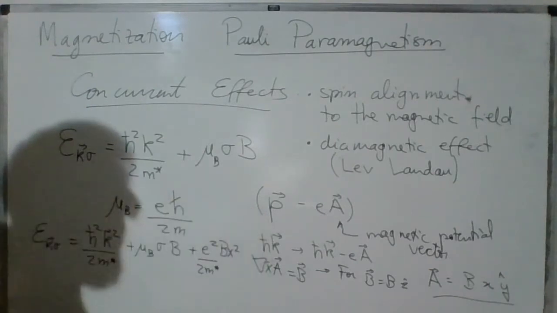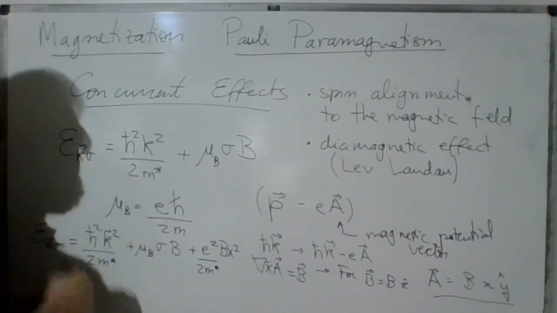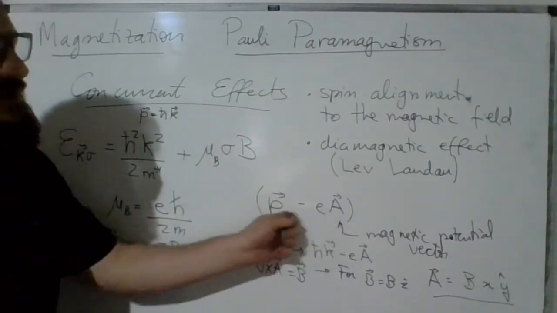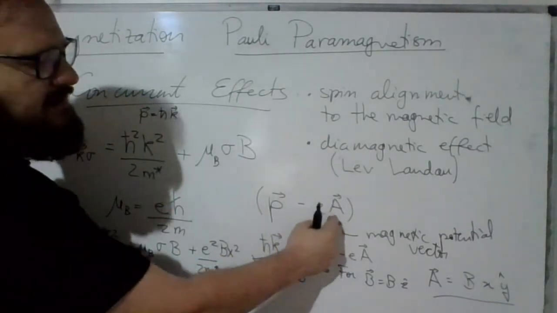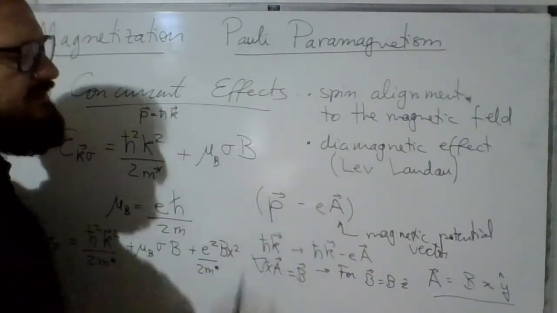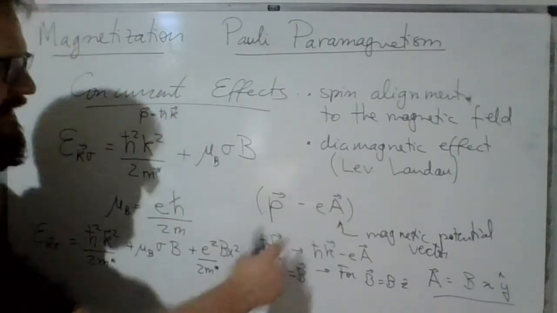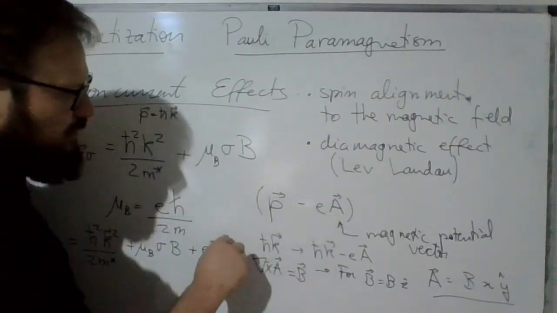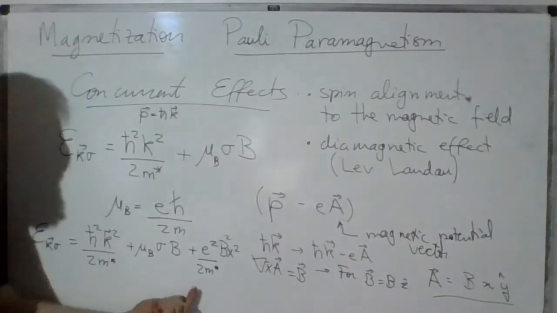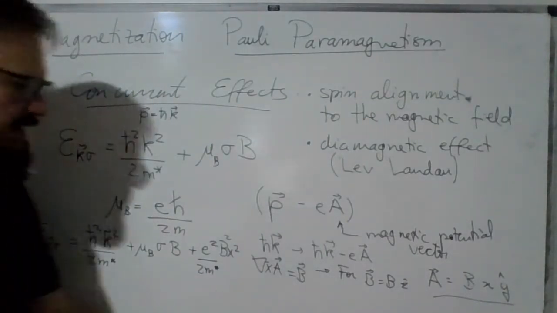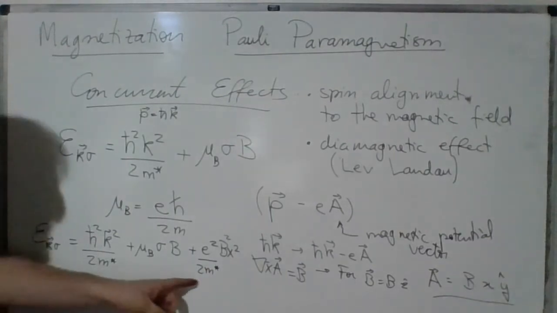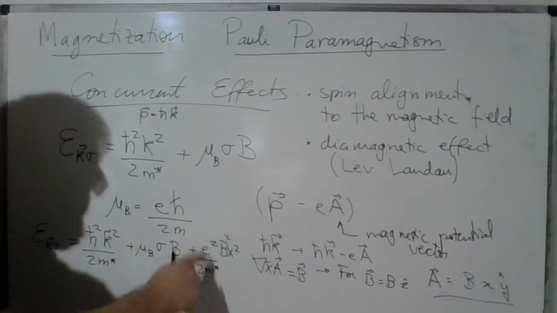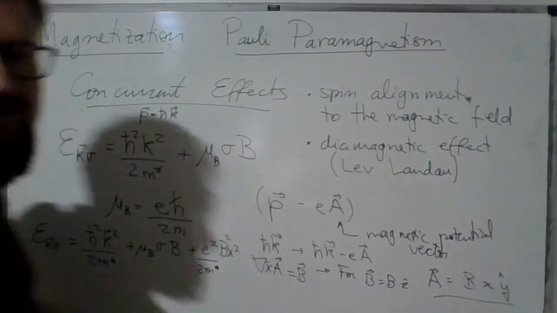If you square the momentum, if you replace this h bar k by that factor here, you will find a square of e times A, which produces e squared, the B will be squared, and the x will be squared, divided by twice the mass.